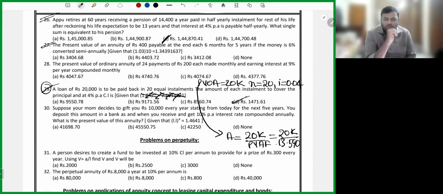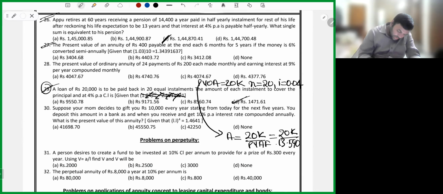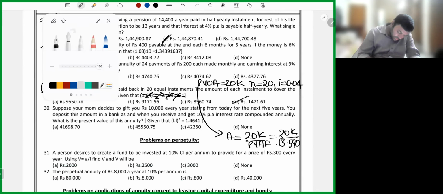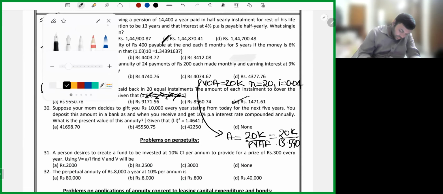The present value of annuity of 400 payable at the end of 6 months for 5 years if the money is 6% converted semi-annually. Okay, present value of ordinary annuity is asked. How will you calculate present value of ordinary annuity? It will simply be A into present value annuity factor.